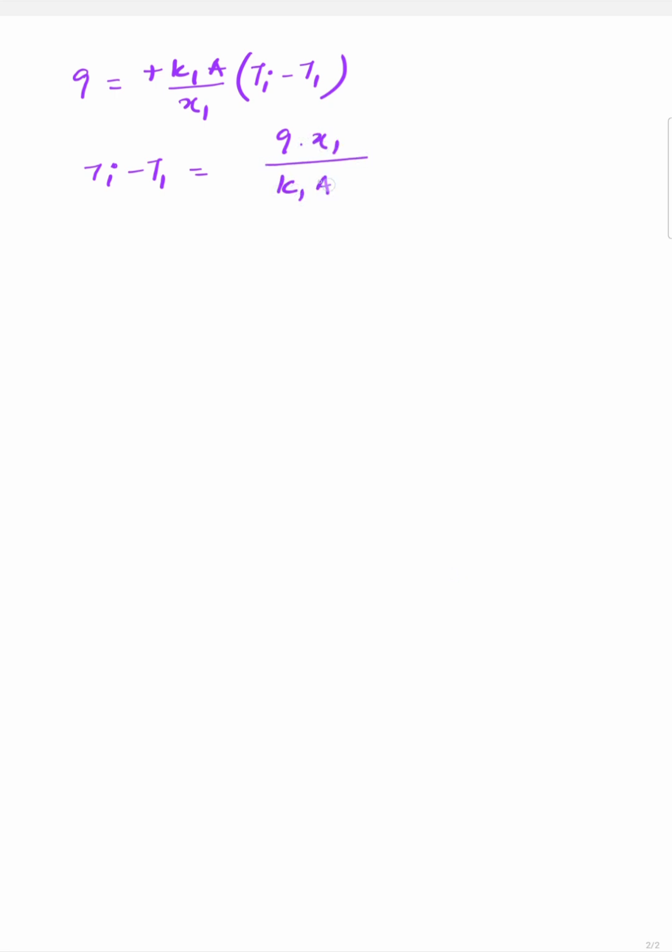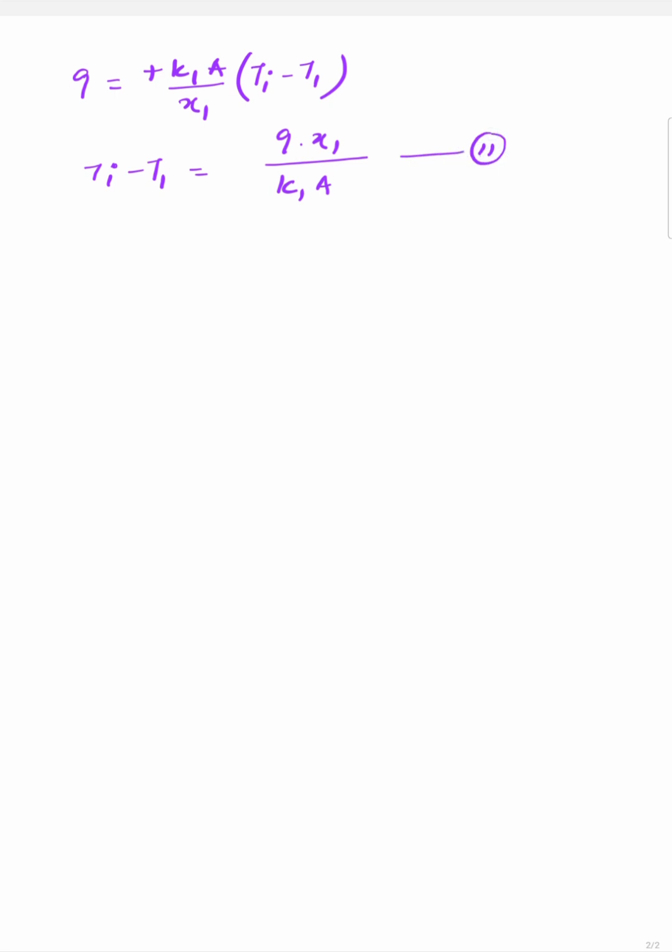So let's write the equation. For the first layer, Q is equal to minus k1A by x1, or we can write it in terms of plus, Ti minus T1. This is the first equation. So we'll rearrange: Ti minus T1 is equal to Q dot x1 by k1 A. This is equation number 2.